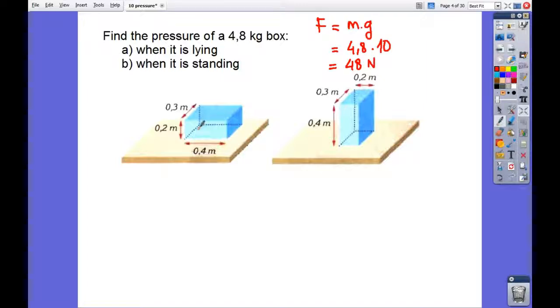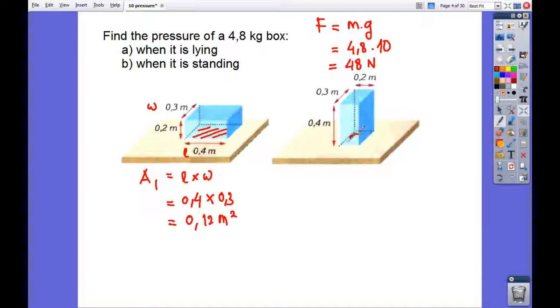Here, what is the pressure at the base? We have to find the area of the base by multiplying length with width. Length 0.4 times width 0.3 meter becomes 0.12 meter squared.